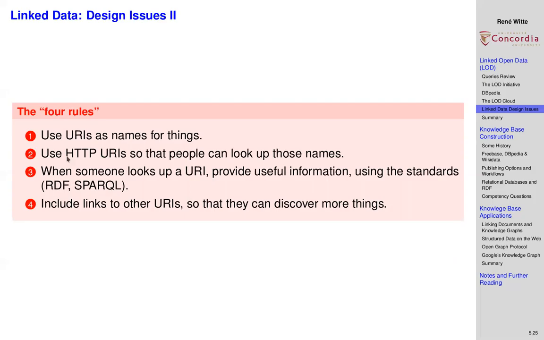The second important point is that the URI is an HTTP URI, so that you can go onto the web and look up the URI. And then when you do this, you get useful information back, again using standards like RDF, SPARQL, and so on. And finally, don't publish a silo. Include links to other URIs so that from one entity, you can go to other entities.